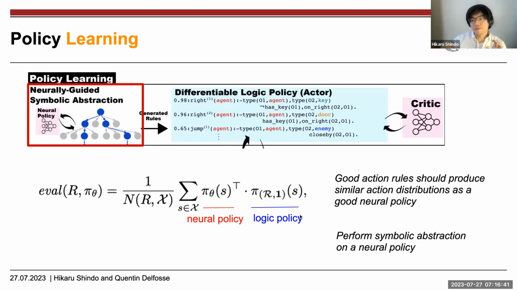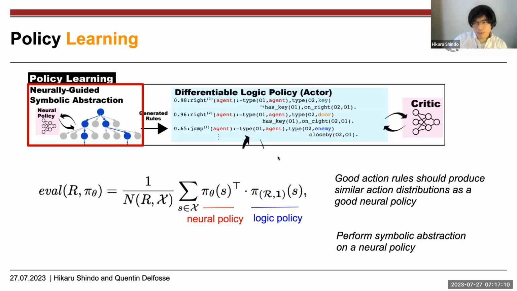Intuitively, good rules defining actions should produce similar action distributions as a good, well-playing pre-trained neural policy. So we simply take the dot product, normalize, and so on, to evaluate each rule and see which rule looks better than others to compose policy functions in the actor.